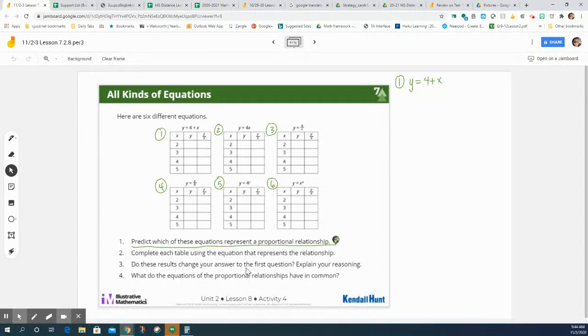Hopefully what you would notice is that anytime you have y equals kx, where k is a number, that's your proportional relationship. Anytime that you have plus or minus something in your equation, that is no longer a proportional relationship.